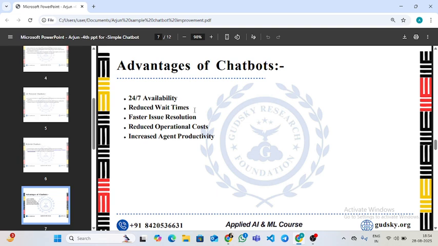A chatbot is applicable everywhere, just like when you go searching for admission in a college. The college website also has a chatbot, so you can search on that, and the chatbot is available and responds to your important queries.